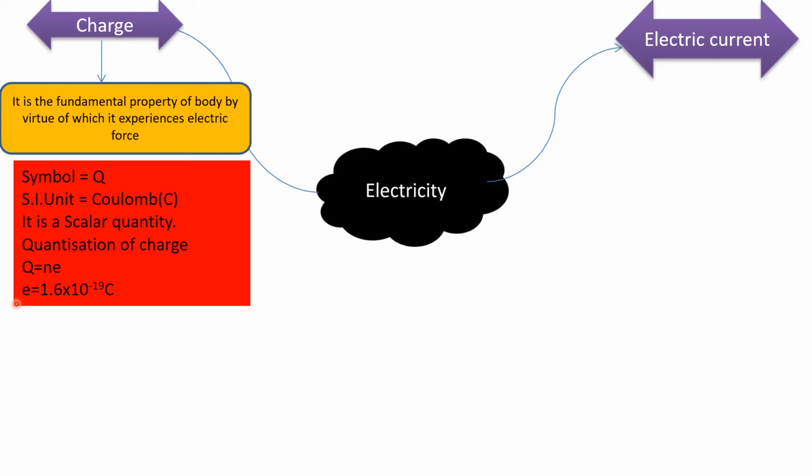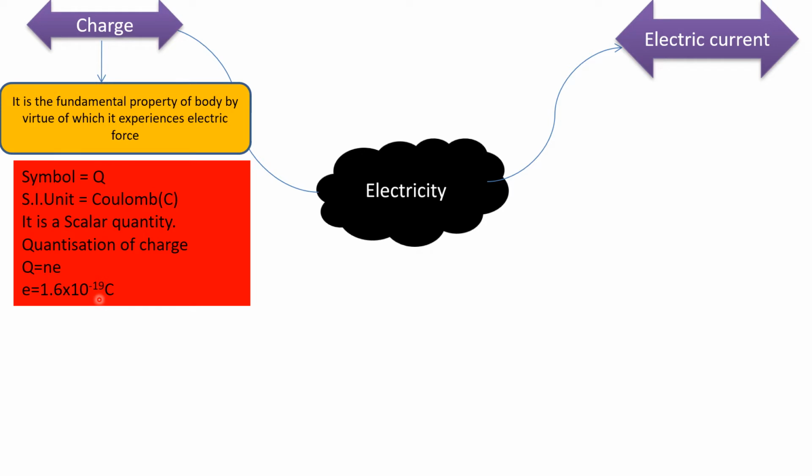The value of charge of an electron is negative, so negative 1.6 into 10 raised to power -19 coulombs. But when we solve numericals, we don't use the negative sign. So numerical में हम नहीं substitute करते, we just take the number part. Okay, that is 1.6 into 10 raised to power -19 coulombs.